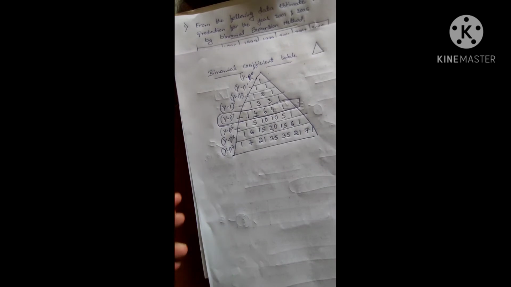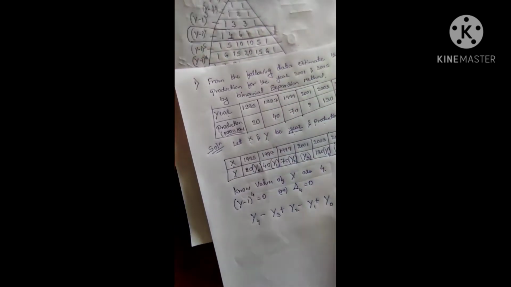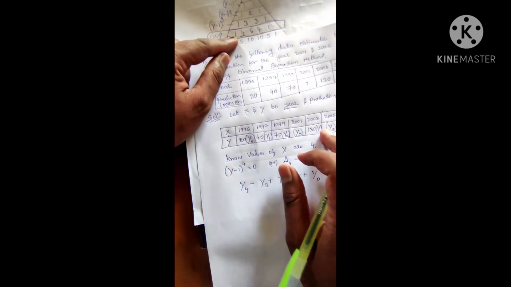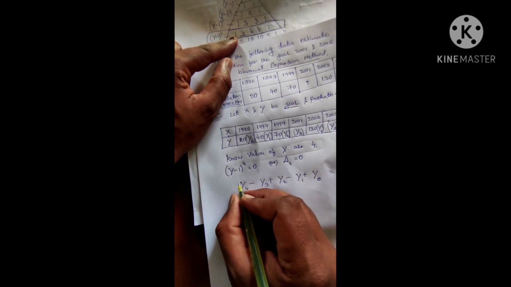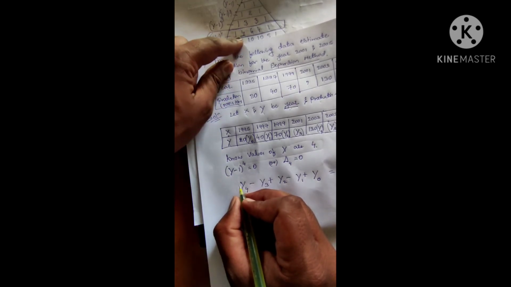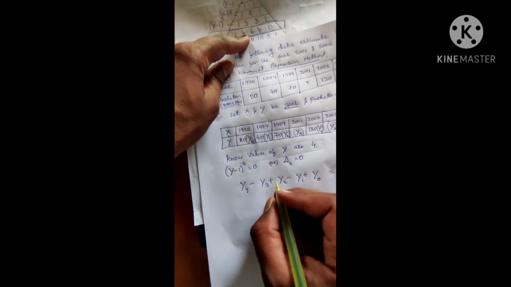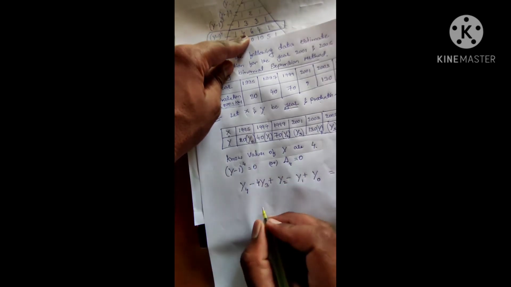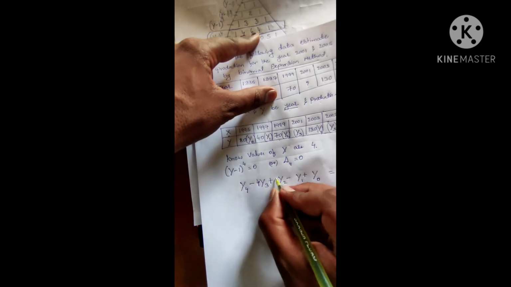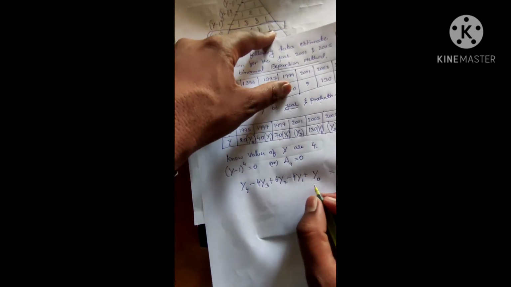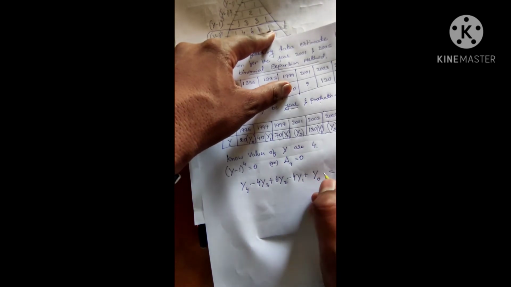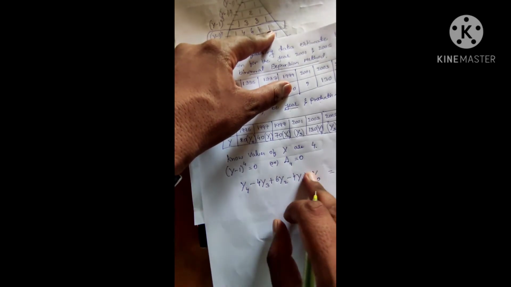Let us see how to select and write this. Known values are 4. First we write 1; even if they don't write anything, 1 is there. Next is 4, so we write 4. Next is 6, so we write 6. Next is 4, we write 4. Next is 1; if you don't write 1 also, its value is 1 only.